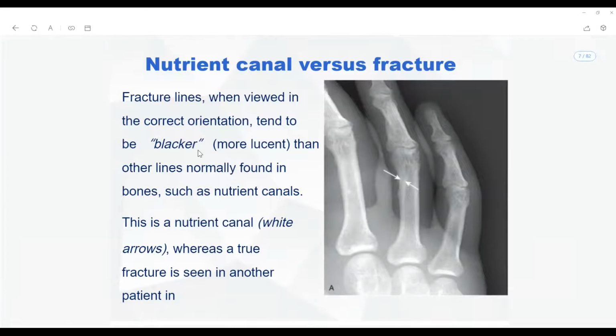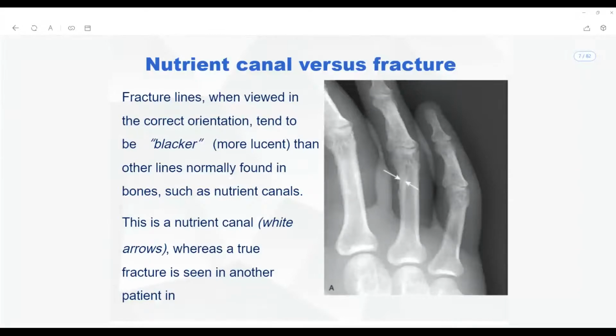Every long bone, doesn't matter how big it is or how small it is, even the distal phalanges are also called long bones. Yes or no? The ones which have a cylindrical structure are called long bones. So every kind of long bone has a nutrient artery entering into it. Yes or no? Have you heard this?